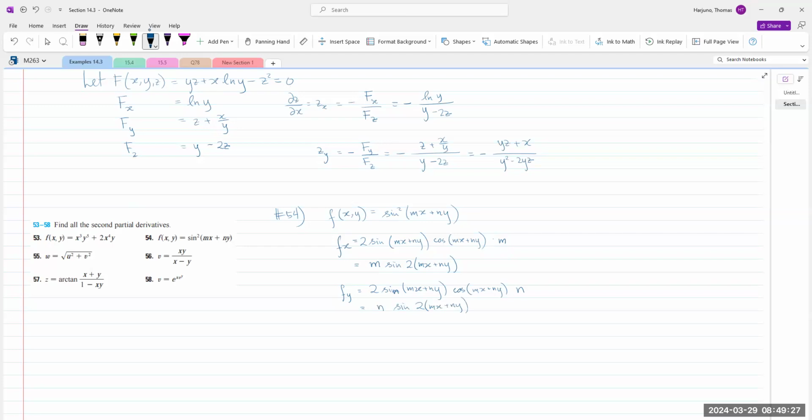You see, if you don't simplify this, then your next derivative will be a disaster. Okay, let's see the partial of f with respect to x, and then with respect to x. So basically I do the derivative with respect to x first.